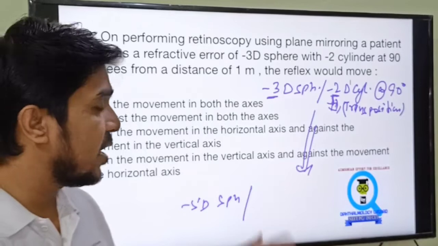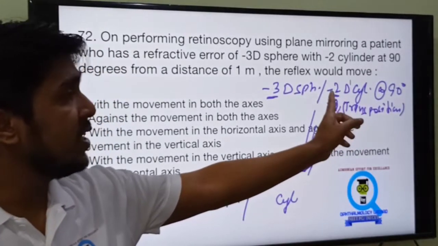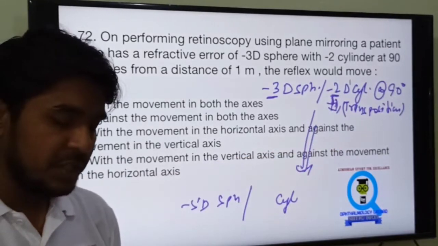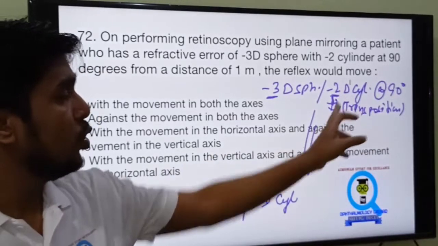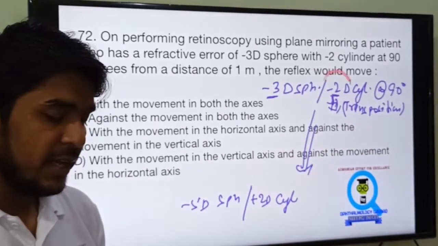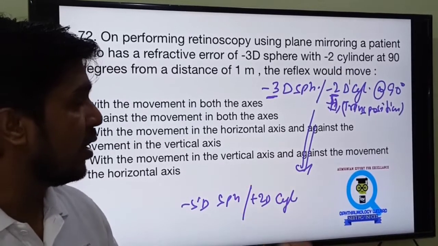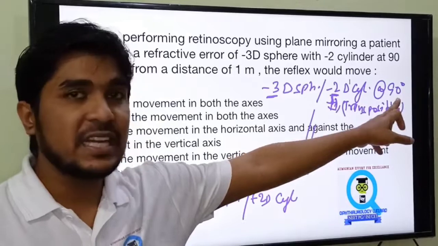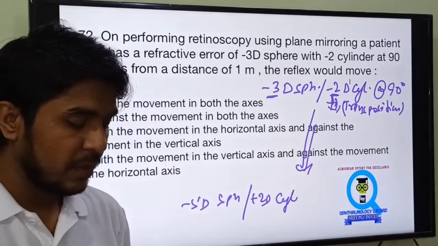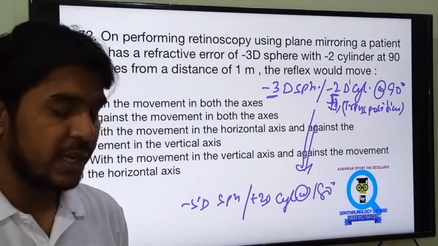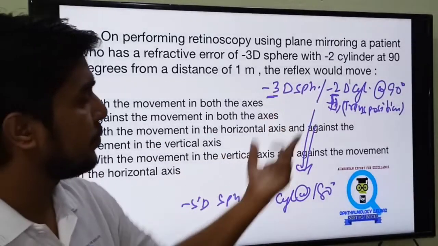For the cylindrical power, just change the sign: -2 is changed to +2 diopter cylindrical. The axis was 90, so the axis of the new prescription will be 180 degree. Now see both the things. Can you see both?